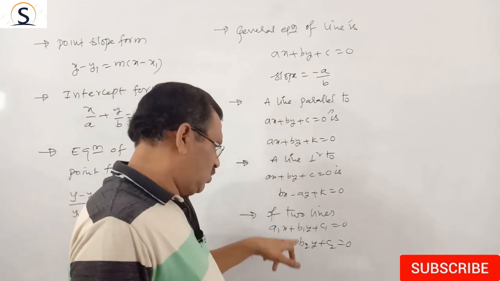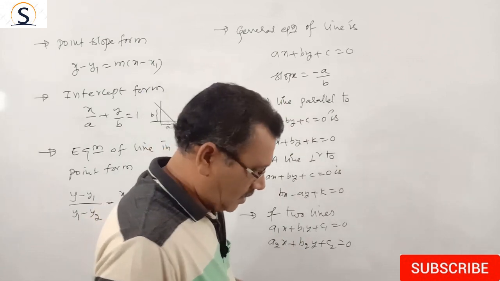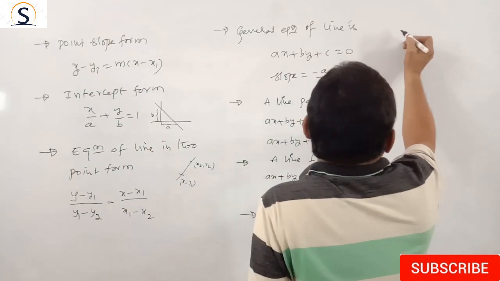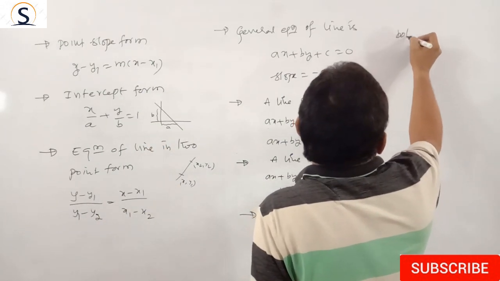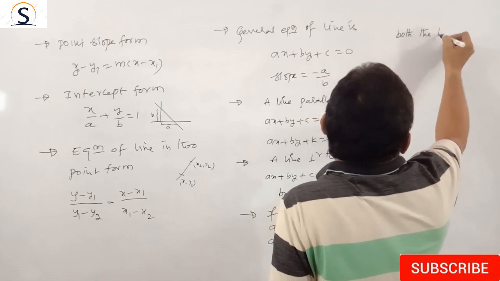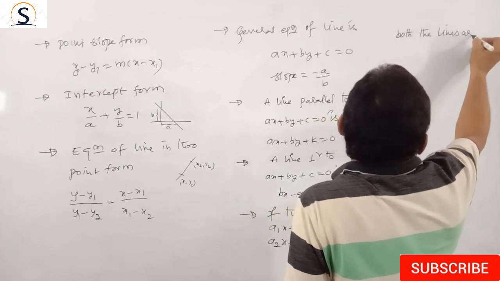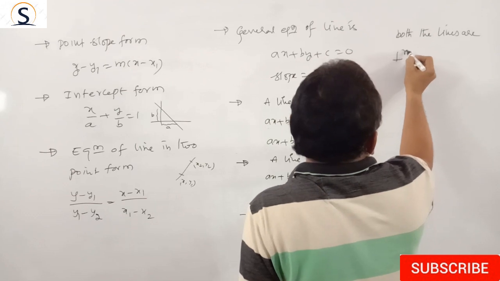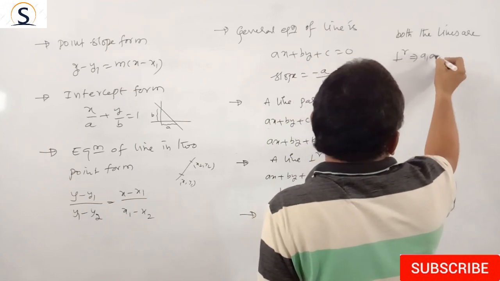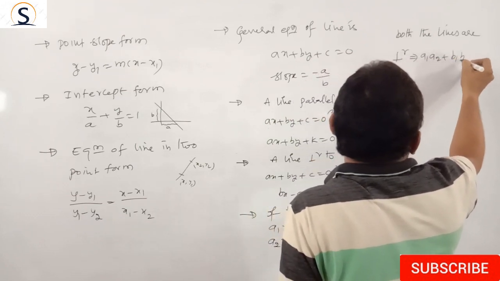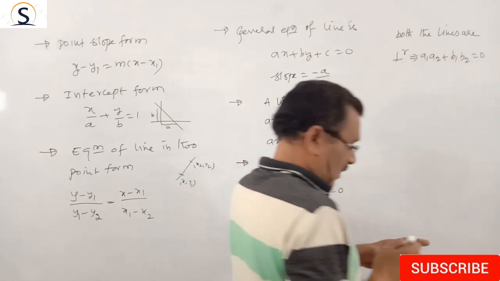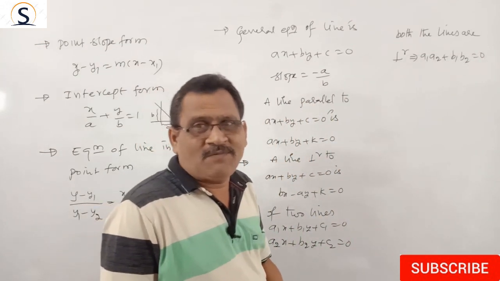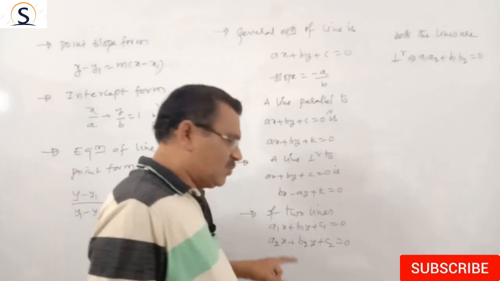So, both the lines are perpendicular, implies condition is a1 a2 plus b1 b2 is equal to 0. So, this is the condition for perpendicularity of the two lines.